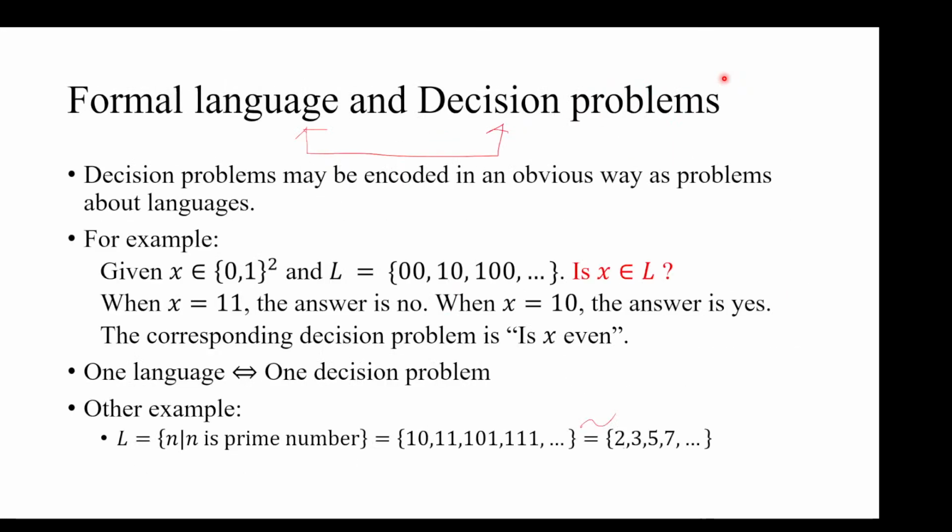I guess this primality test, the reverse of it, is in NP. Although this is actually in P, it's an easy example. So if you ask is X not a prime number, then this can be efficiently verified.